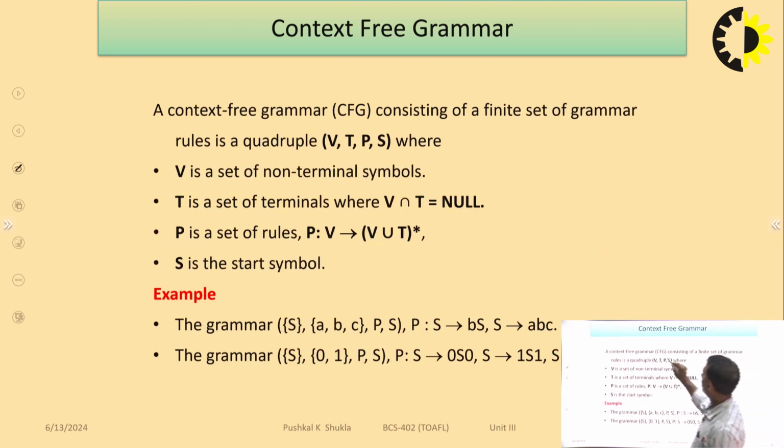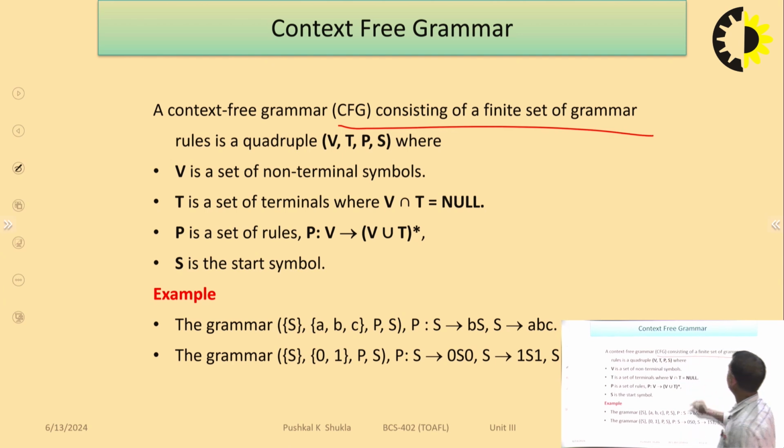A context free grammar consisting of a finite set of grammar rules is a quadruple (Vn, Vt, P, S), where Vn is the set of non-terminals, Vt is the set of terminals, P is the set of production rules, and S is the start symbol. For example, S equal to bS. Here we see the production rule S equal to bS.